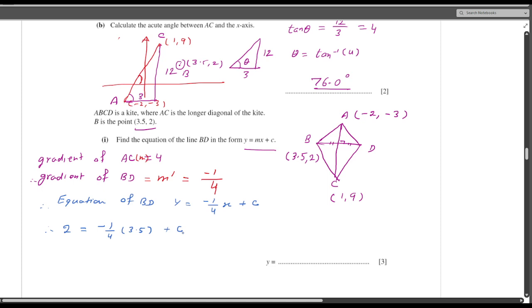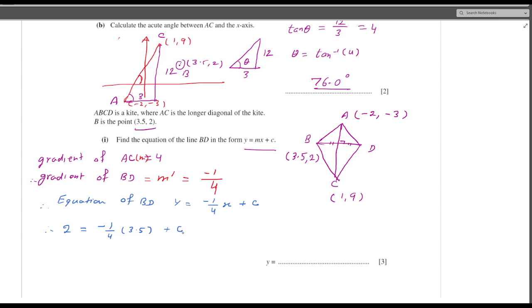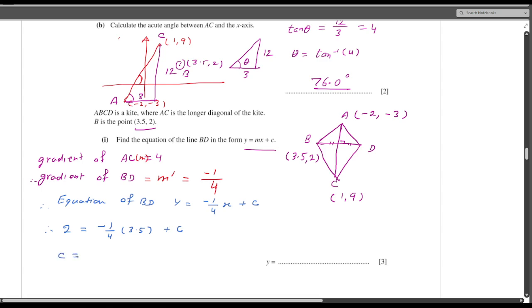Now you solve it. Your c value will be 2 + 3.5/4, so 2.875. So here I got the value of c as 2.875.